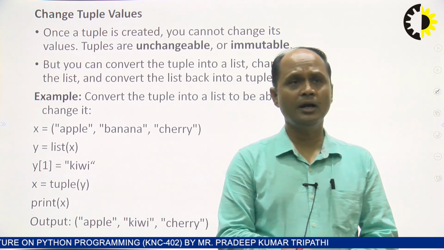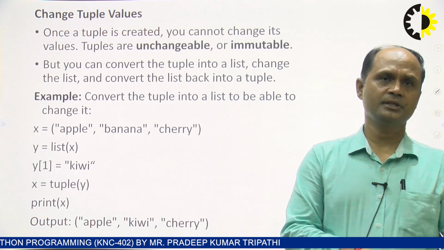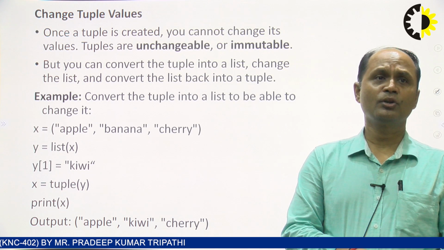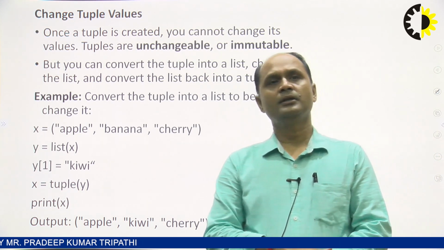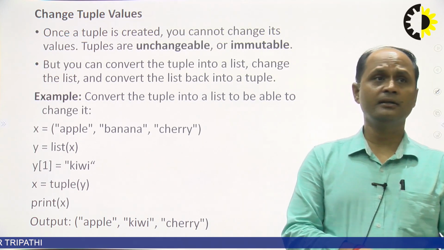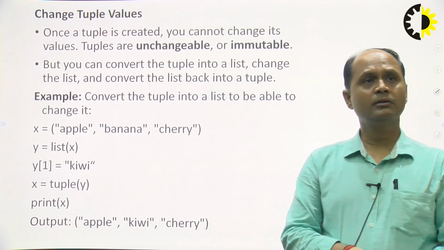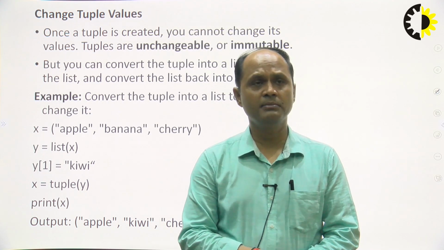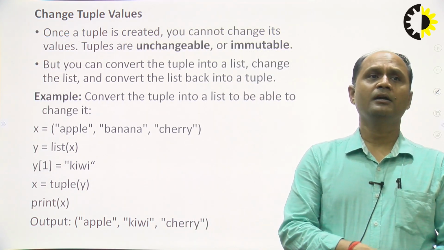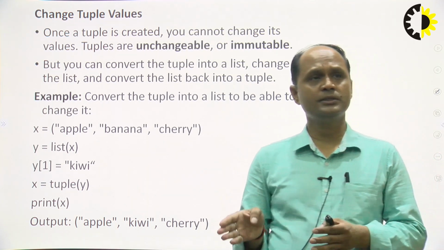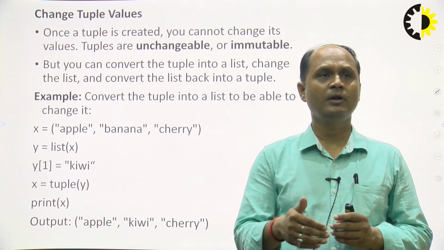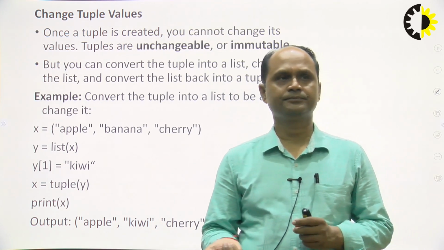If I need to change or remove a data value in a tuple, how will it work? Because its property says it will not change, first we can convert the tuple into a list, make the change in the list, and then convert the list back into a tuple.